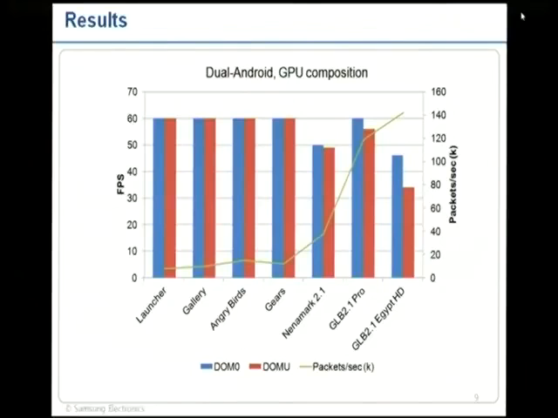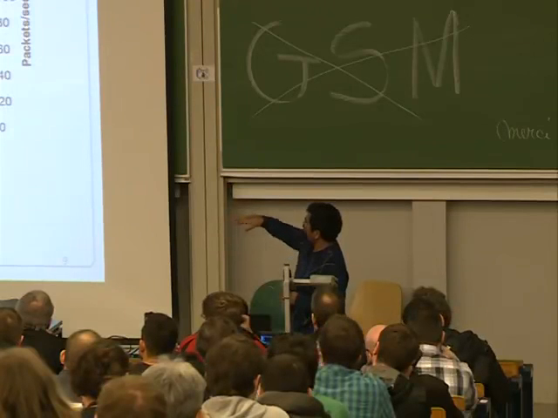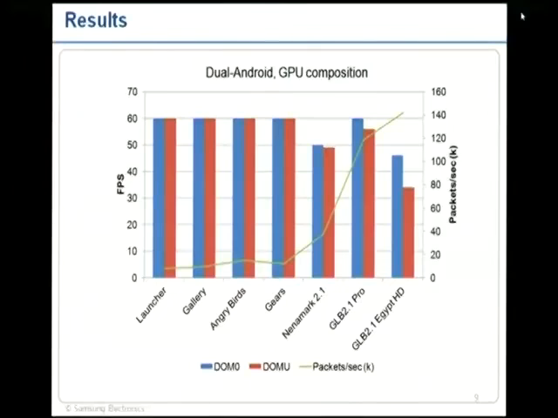And if you see the packets per second that go between DOM0 and DOM-U for the number of API calls that get remoted, as the benchmarks become more and more intensive, the event channel gets stressed and the performance comes down. So that's basically on all the apps which use the GLES APIs a lot. But still the performance for the real-world use cases is quite good.